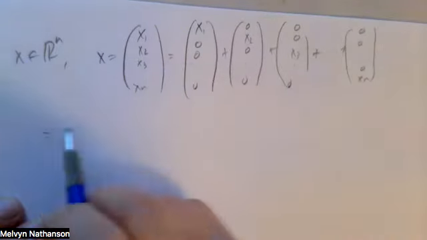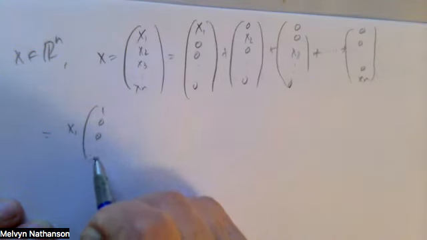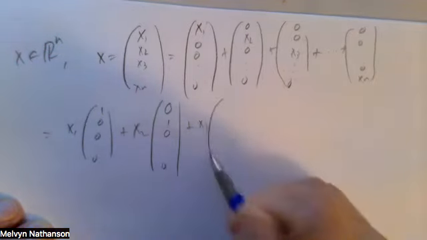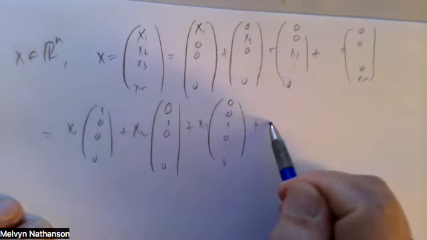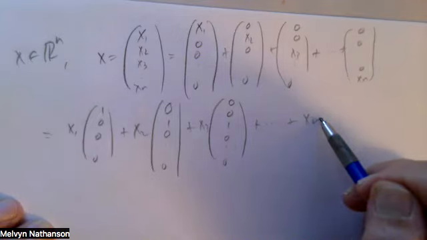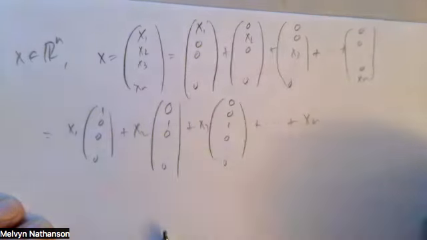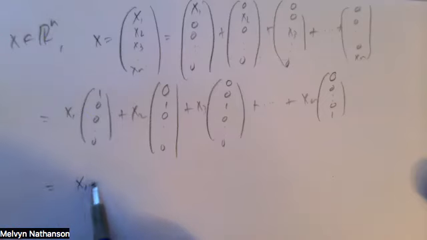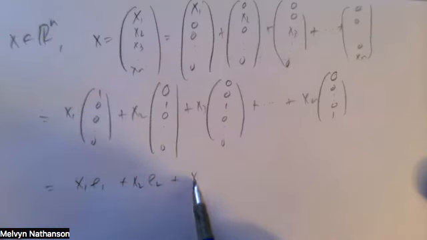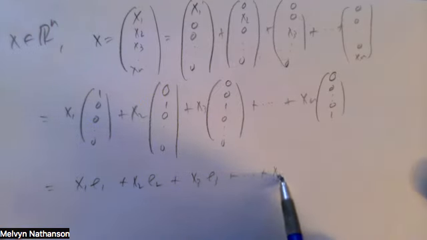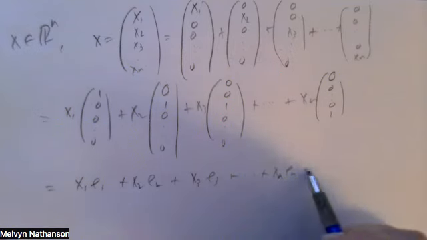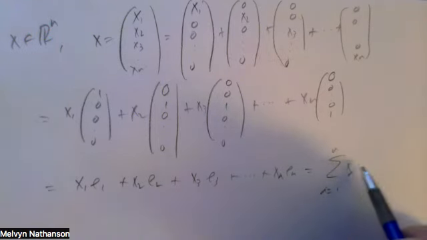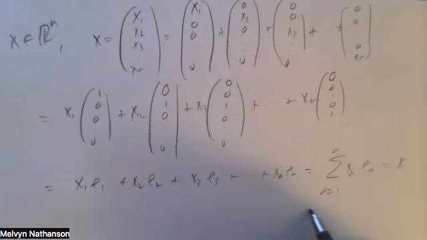And this is exactly the same as x1 times the vector with 1 and then zeros, plus x2 times the vector 0, 1, and then zeros, plus x3 times the vector 0, 0, 1, and then zeros, up to xn times the vector of zeros ending in a 1, which is x1 e1 plus x2 e2 plus x3 e3 up to xn en, which I can write as the summation, I goes from 1 to n, xi e sub I. That's the vector x.